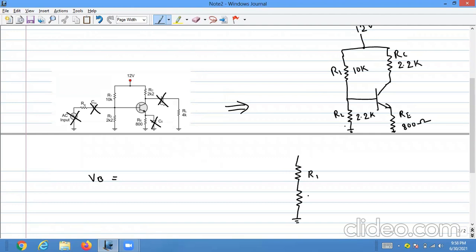This is R1, this is R2, and here the VCC supply, 12 volt.